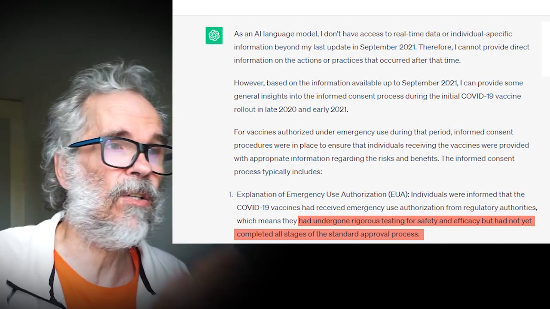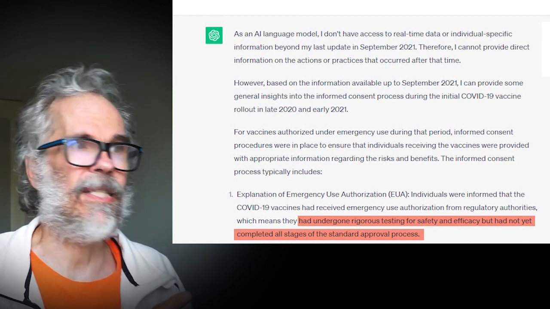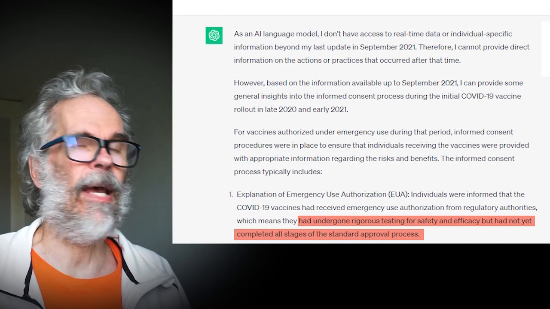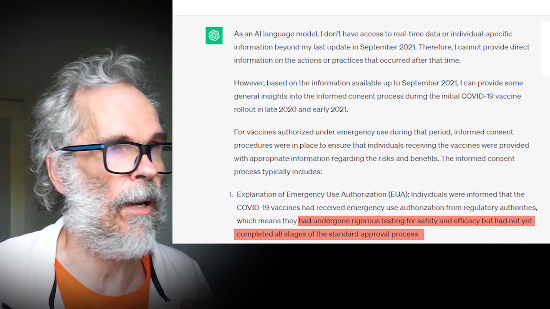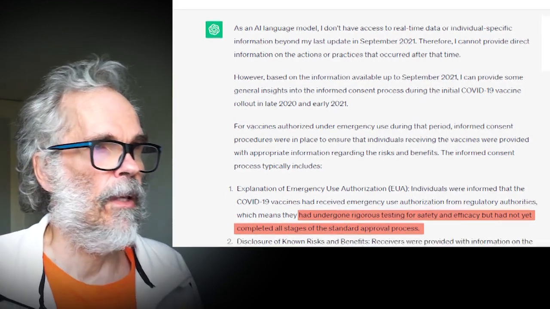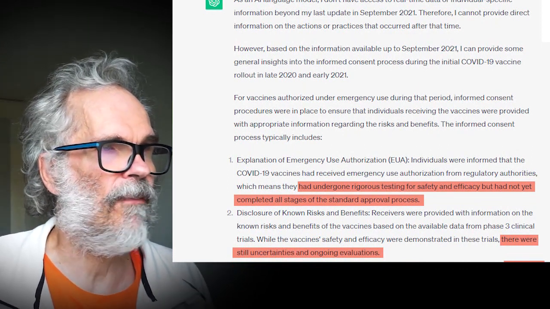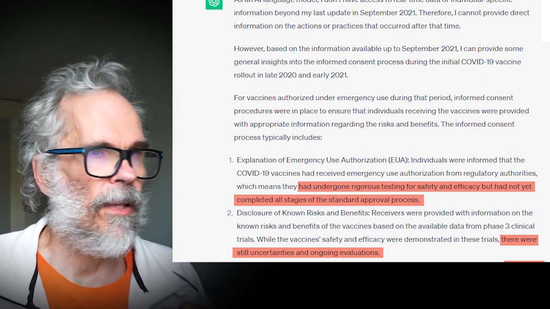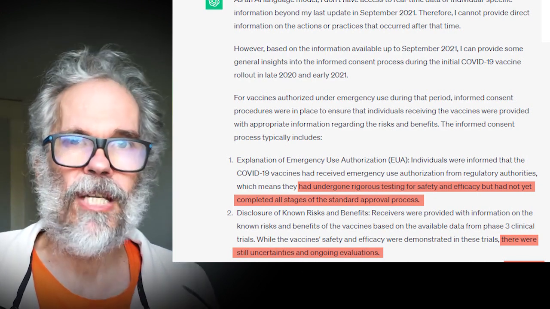That is, it is still going through stages of a standard approval process, and were you informed about the risks and benefits of the vaccines? Which is more in the second point, that while the vaccine safety and efficacy were demonstrated in these trials, there were still uncertainties and ongoing evaluations.